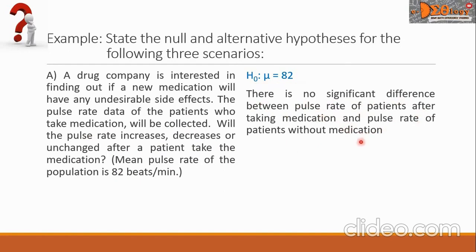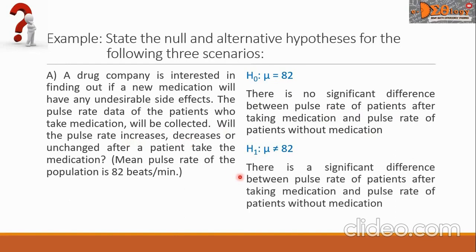For the alternative hypothesis, we write H sub 1 colon mu is not equal to 82. We write here not equal because the problem is talking about increasing and decreasing at the same time.